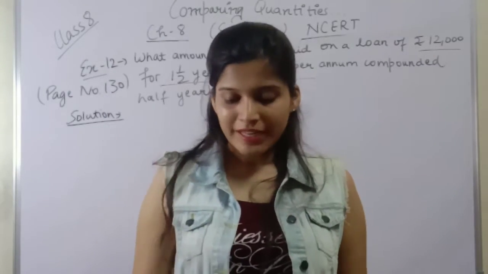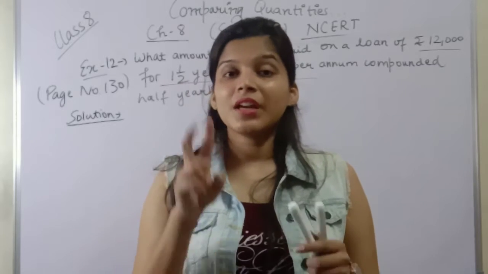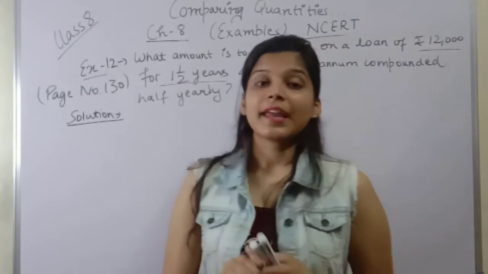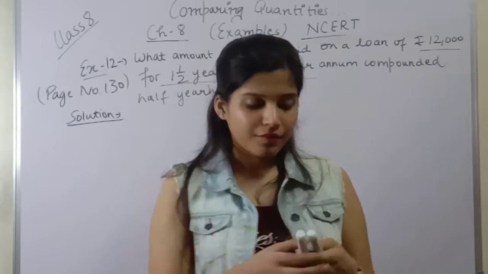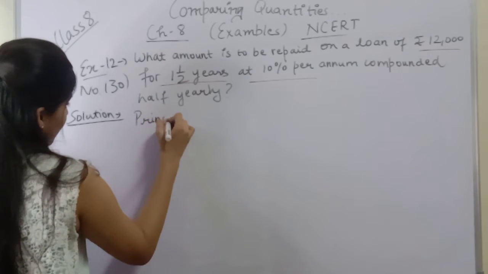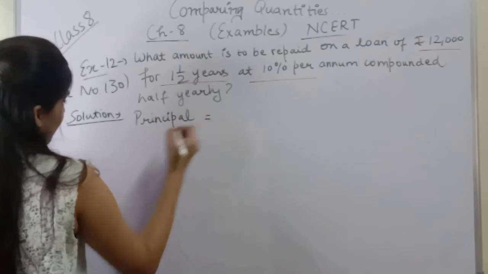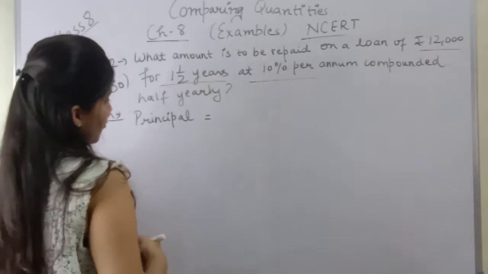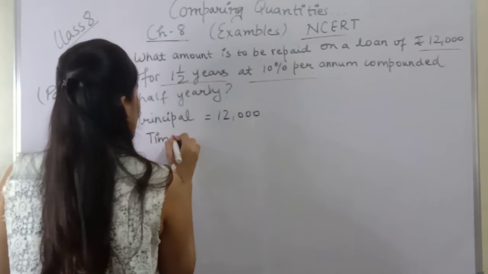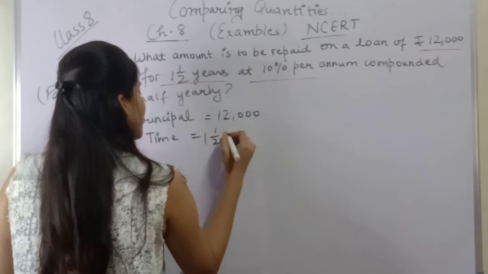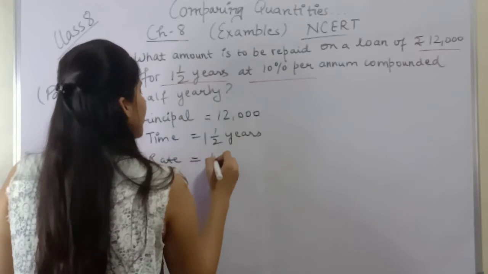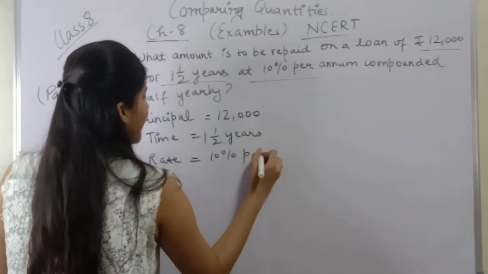Now in compounded half yearly we always have to remember two things: time double, rate half. So we have principal 12,000 and time is 1.5 years and rate is 10% per annum.